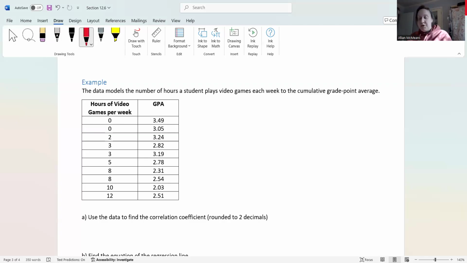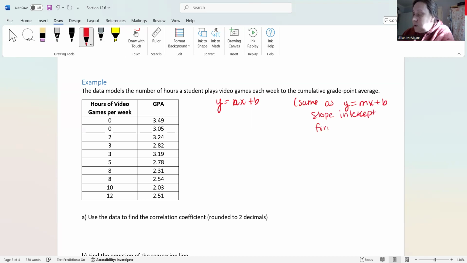Okay, so what we found was that the form of our line is going to be y equals ax plus b. This is the same as y equals mx plus b, which is slope intercept form, where m is the slope and b is the y-intercept.